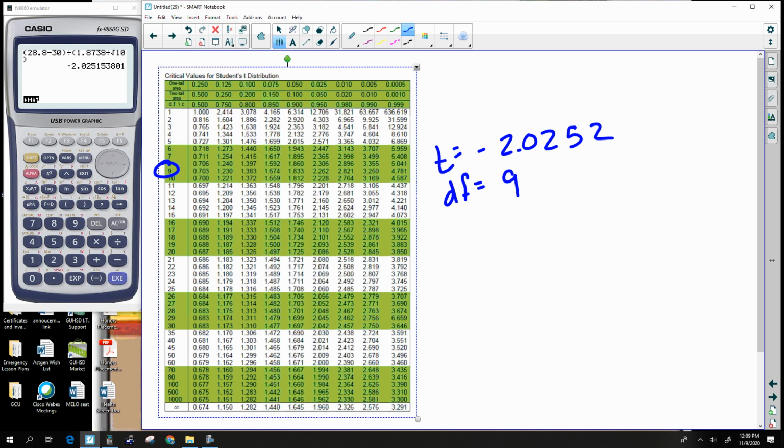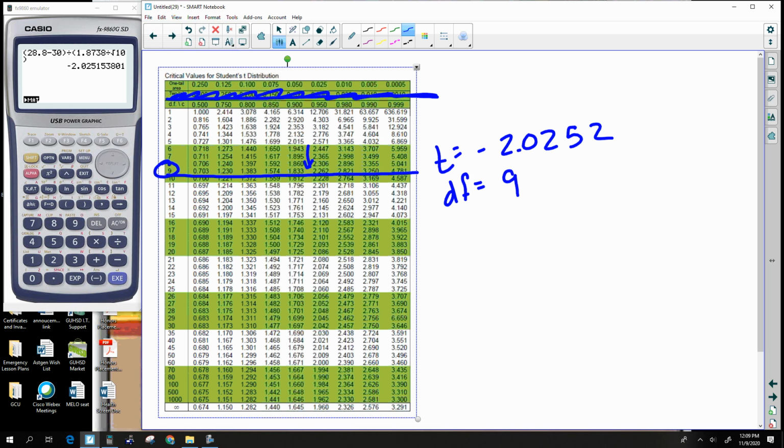So degree of freedom of 9 is that line that I underlined right there, looking for 2.02. 2.02 falls right there. This is a one-tail area, so we're not looking at that two-tail. This is a one-tail area.